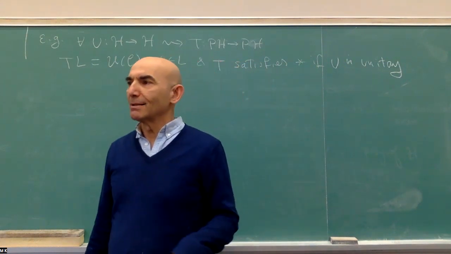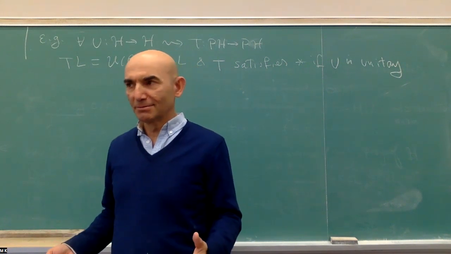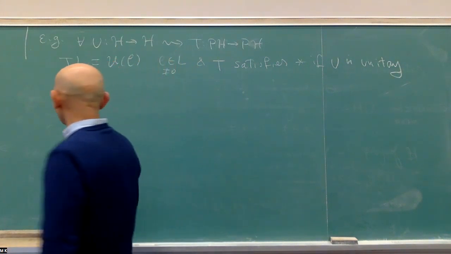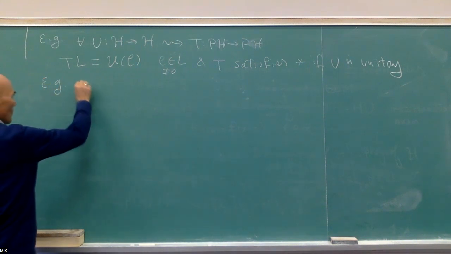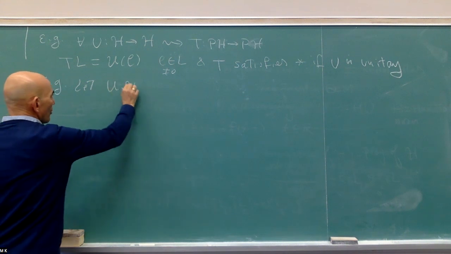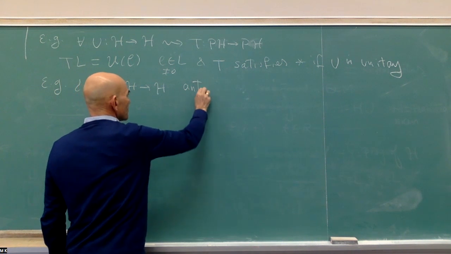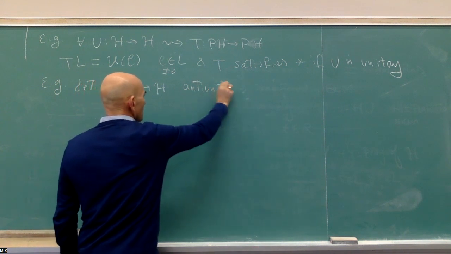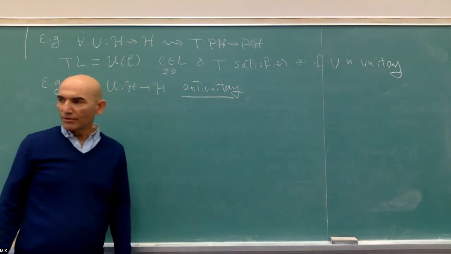I understand. But let's consider anti-unitary things now. So here is easy: U from H to H anti-unitary. What is anti-unitary?